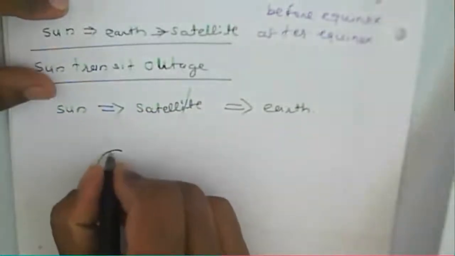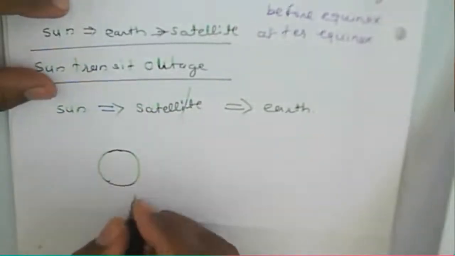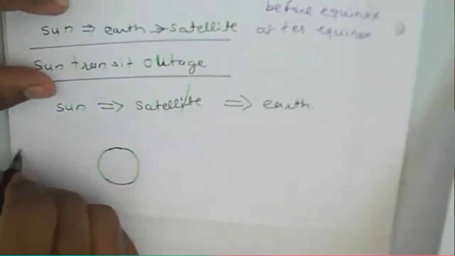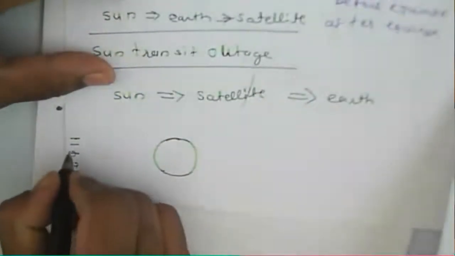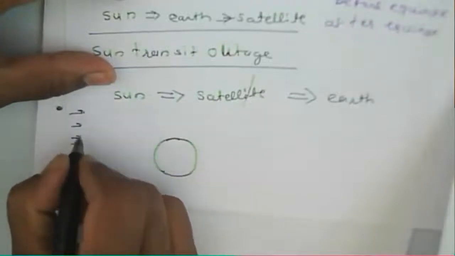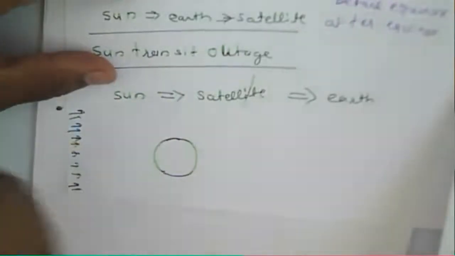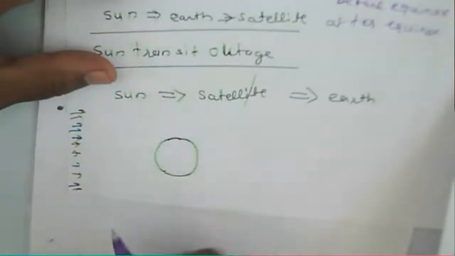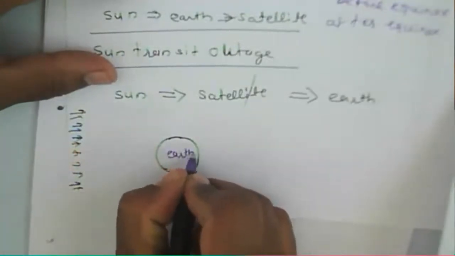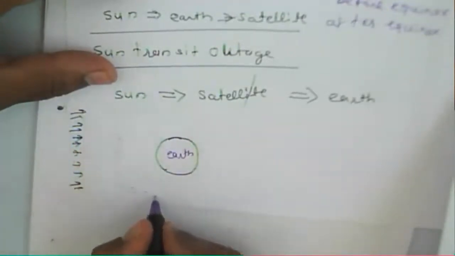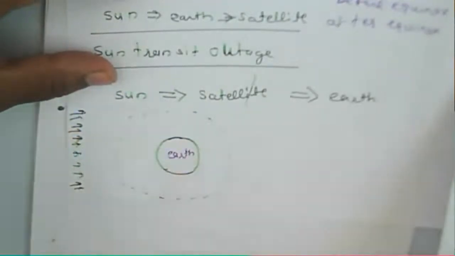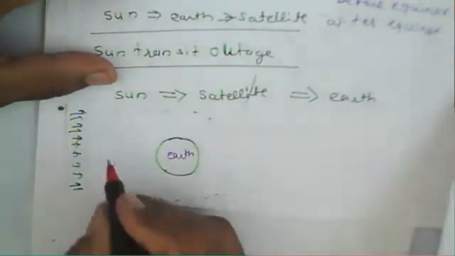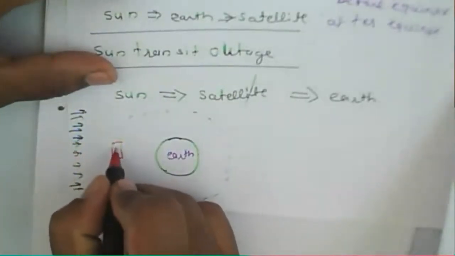Then at the earth station, what happens in this case? Here we have the sun radiation, this is the earth, and the satellite is rotating around the earth.